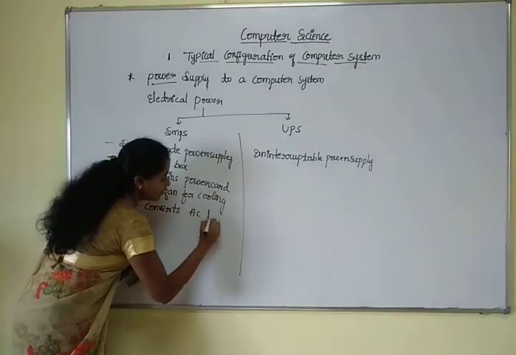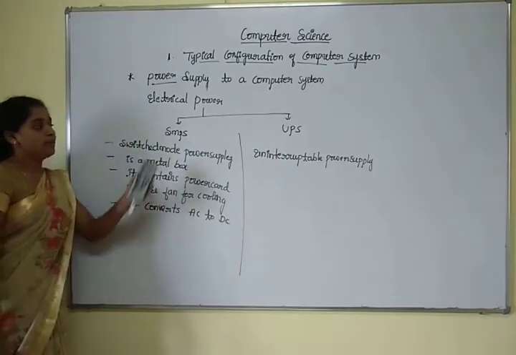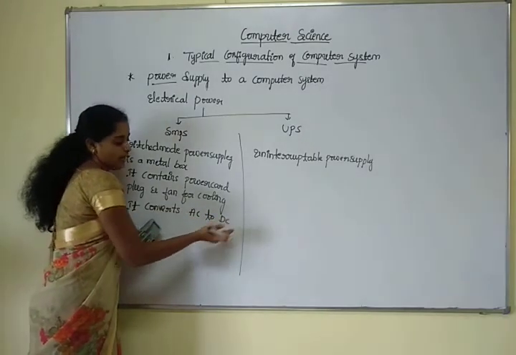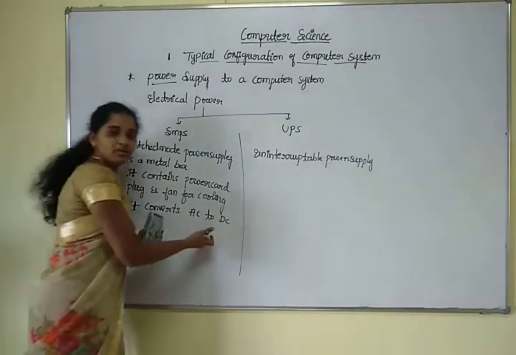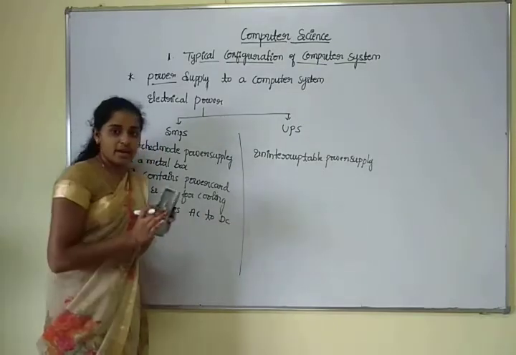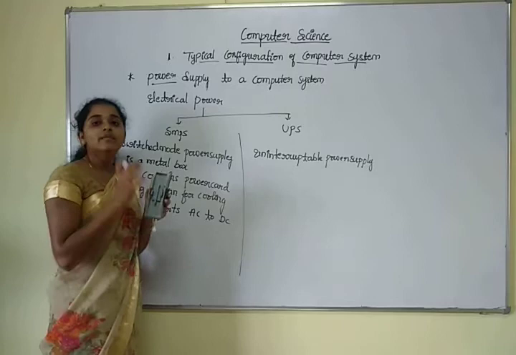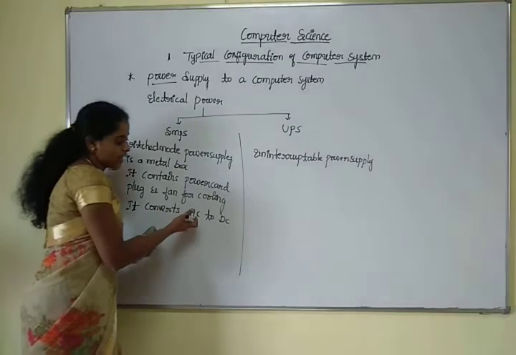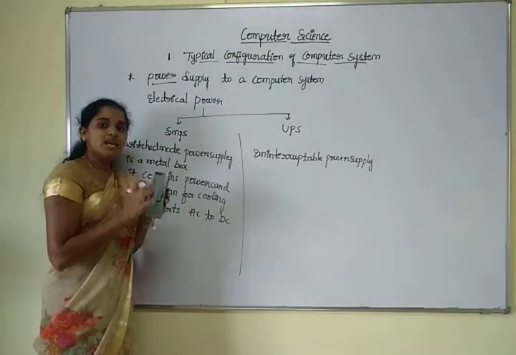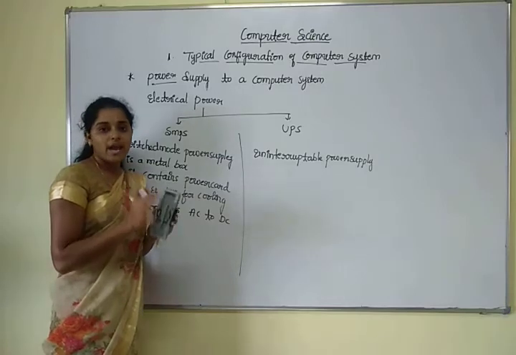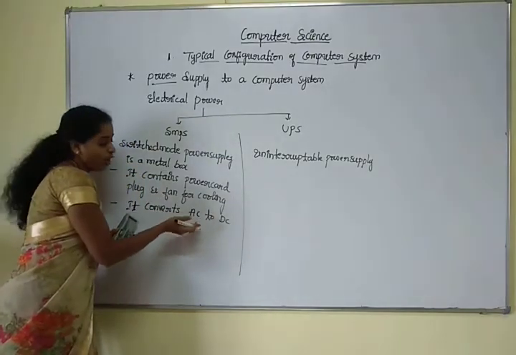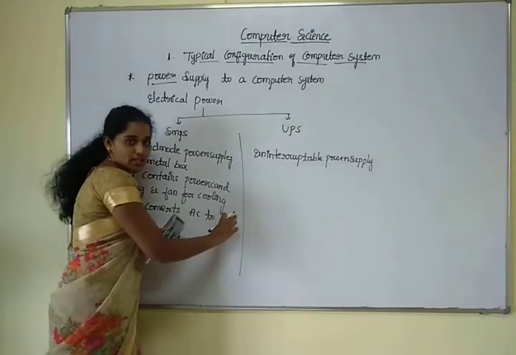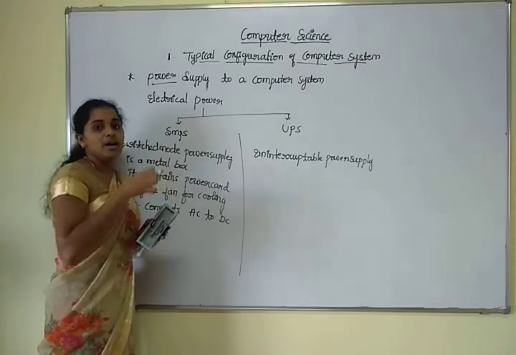The main function of this SMPS is that it converts alternating current to direct current. We need to convert from AC to DC for the purpose of storing electrical energy, because AC alternating signals cannot store any electrical energy, but in DC the signals store the electrical energy.